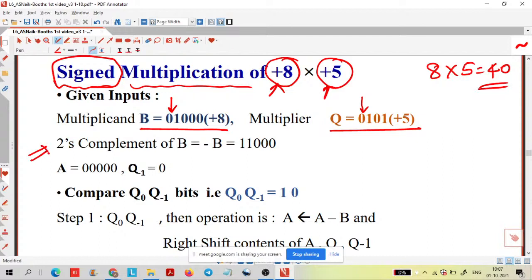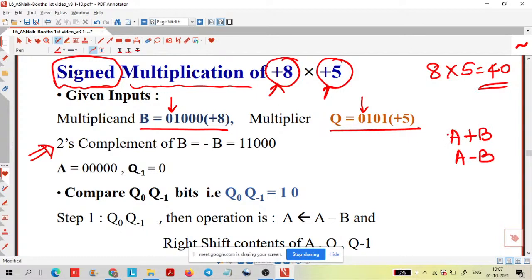Then the 2's complement of B. Initially we are taking the 2's complement. Why? Because in the algorithm you have to perform the A plus B operation and the A minus B operation.